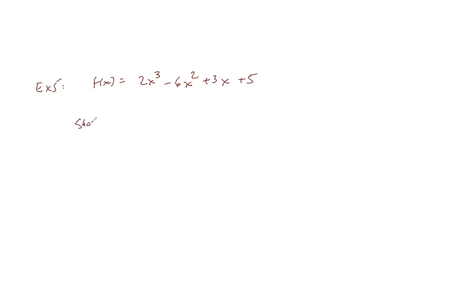So maybe it says show using IVT that there is an x-intercept between, let's say, x equals -10 and x equals +5.